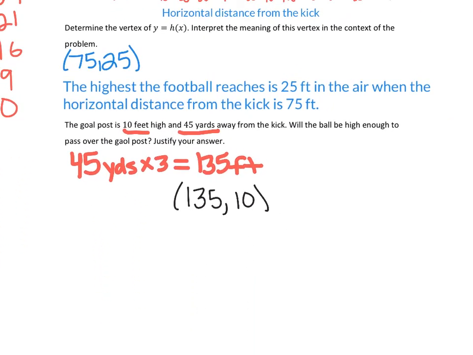We're going to say no, and let's justify our answer, because at 135 feet, if you look at your graph, the ball will be at a height of 9, and that can be found in your table as well.